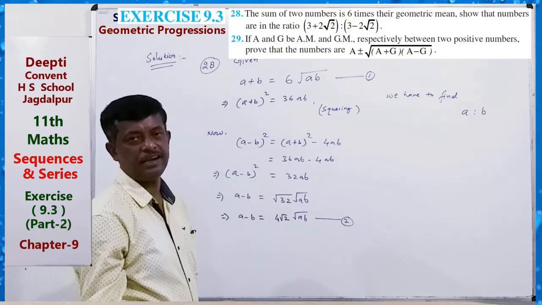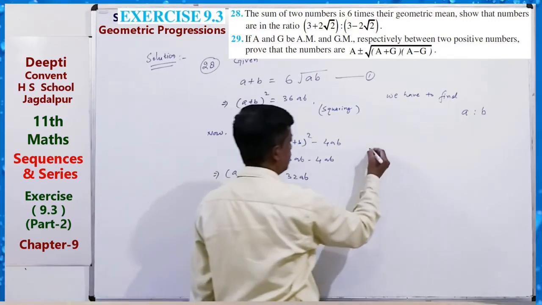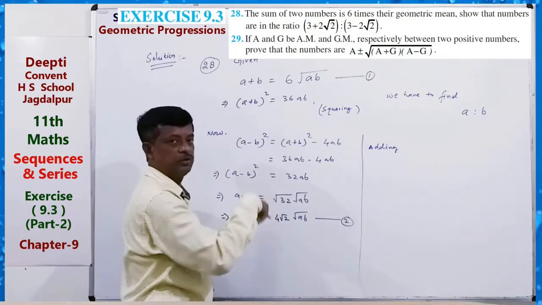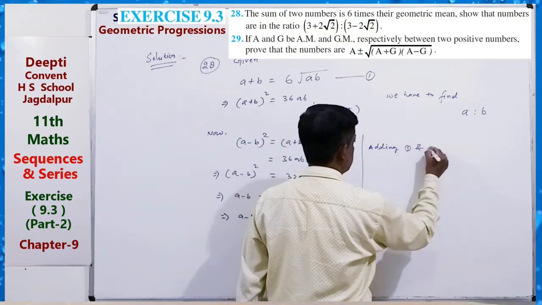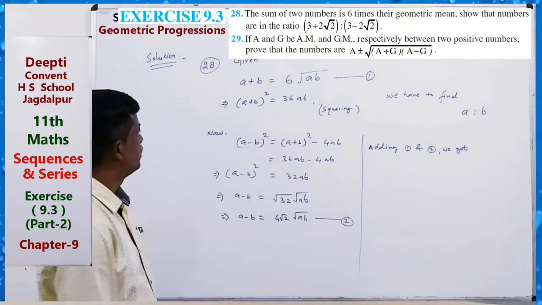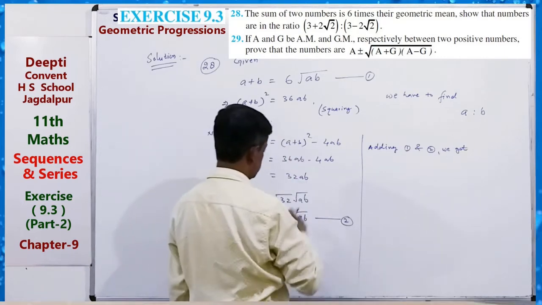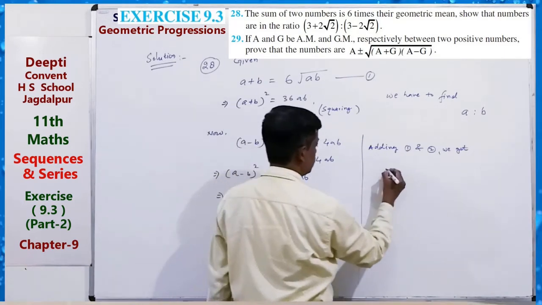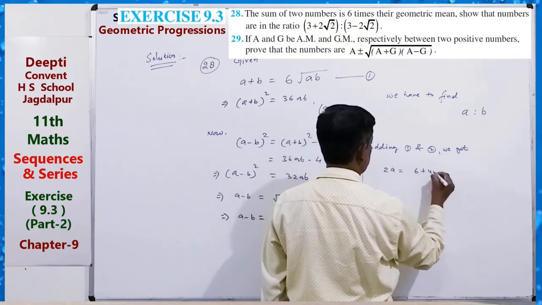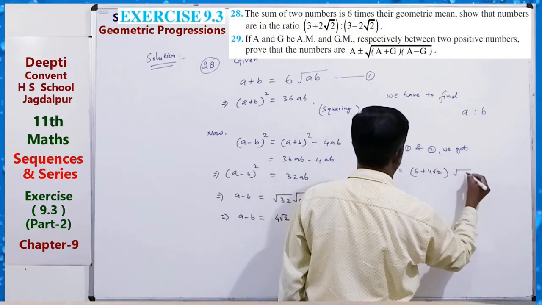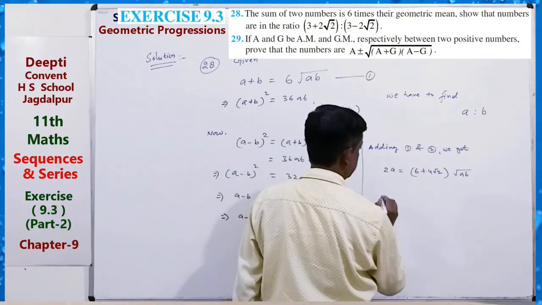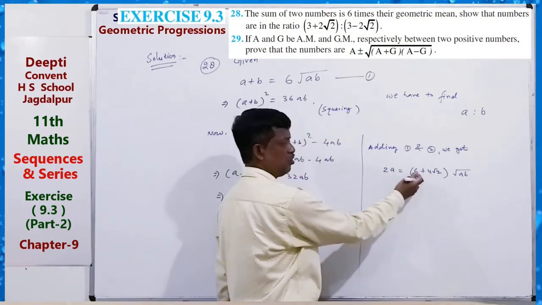Now by adding 1 and 2, b cancels, 2a equals 6 plus 4 root 2 root ab. We get like this. Clear? Now 2 can be taken common, 2 cancels out.